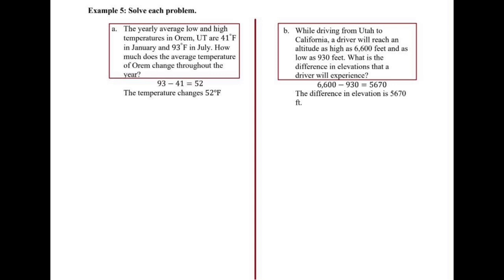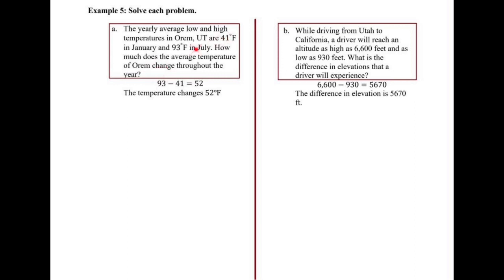All right. So here's theirs. The yearly average, so this is our understanding, we're reading it, right? The yearly average low and high temperatures in Orem, Utah are 41 degrees Fahrenheit in January and 93 degrees Fahrenheit in July. How much does the average temperature of Orem change through the year? So what's the change?